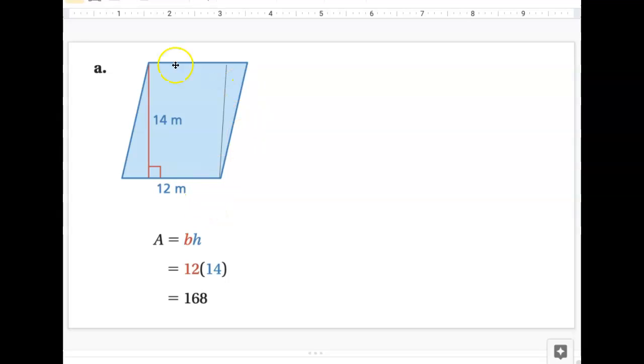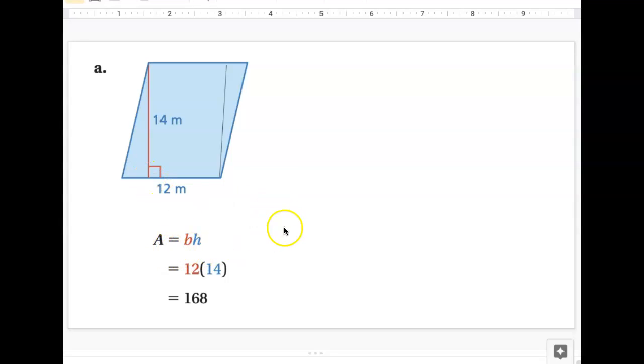Right here you can see in this parallelogram they're giving you the base here, which is 12, and these sides will both be equal on a parallelogram. If 12 is here and they don't give you that measurement of 12 here, those are equal. The height is 14, and there's your 90-degree angle.